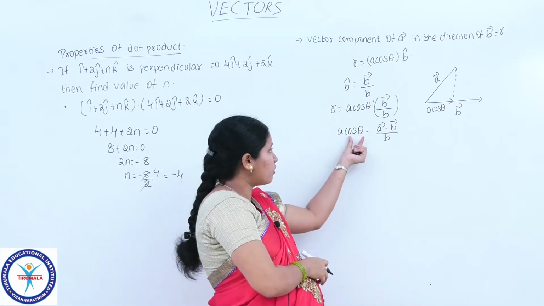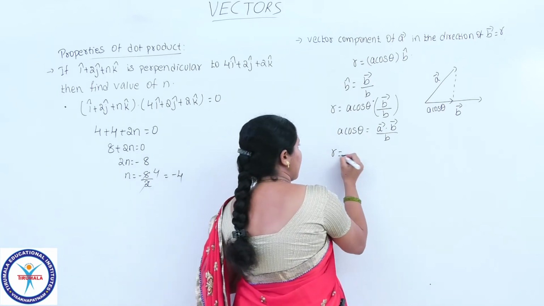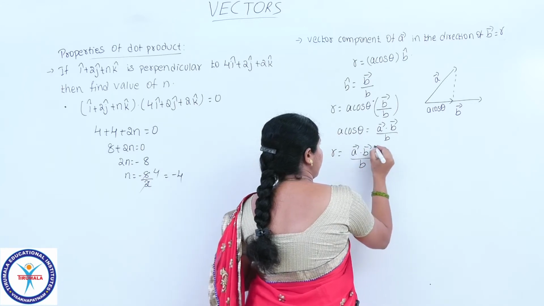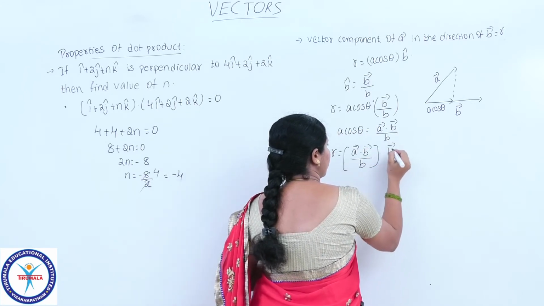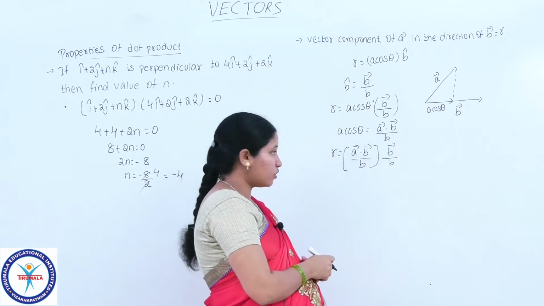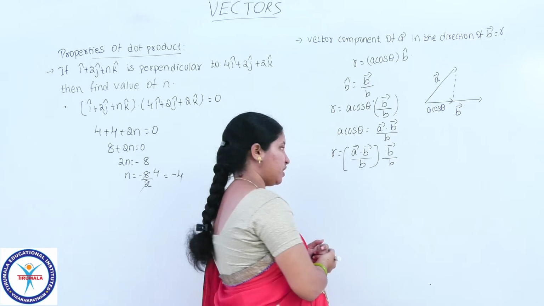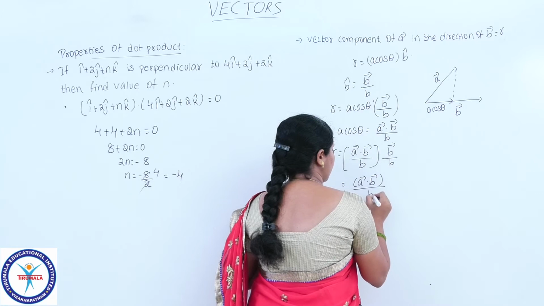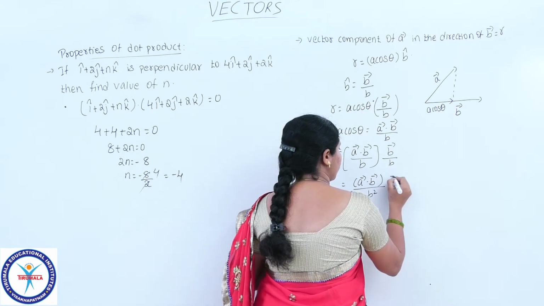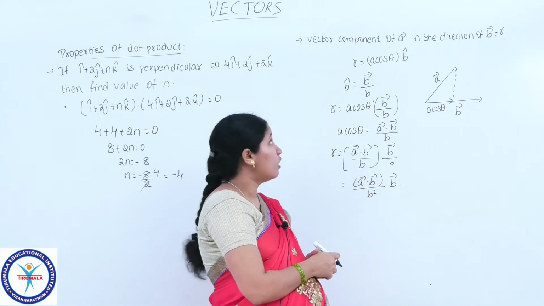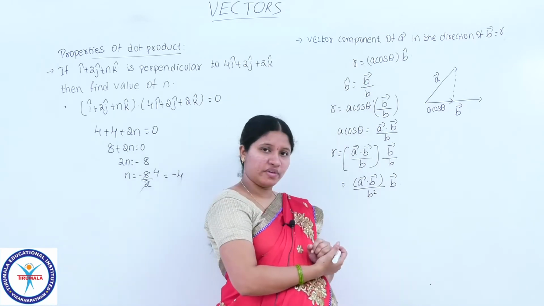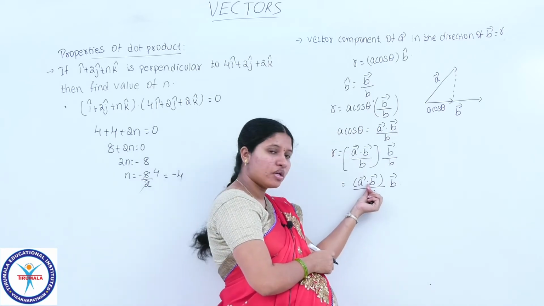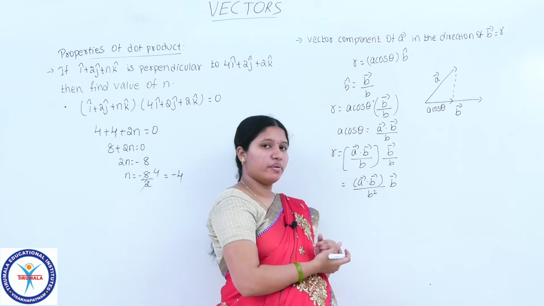Now substitute the a cos theta value in r, we get r is equal to a bar dot b bar by b into b bar by b. So b into b gives us b square. So a bar dot b bar by b square into b bar is the formula to find the vector component of a bar in the direction of b bar.